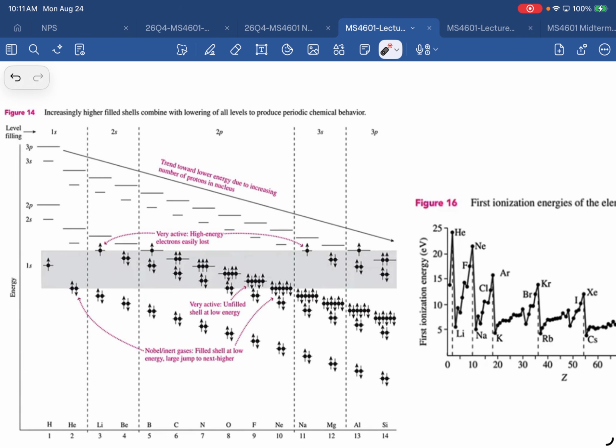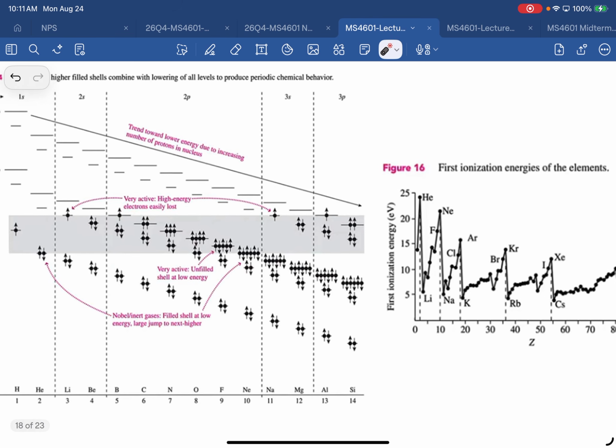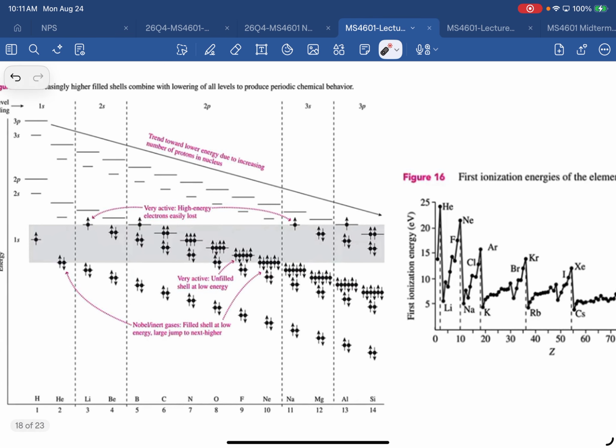And by losing this electron, it can go to this energy state, right? So this is why lithium is very reactive. By losing the electron, it can go to a much more stable form. This is why lithium has a very high reaction rate.